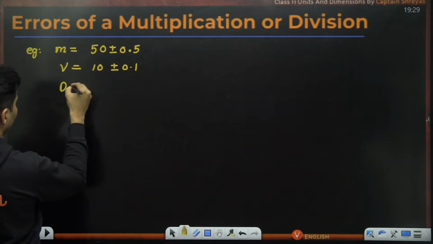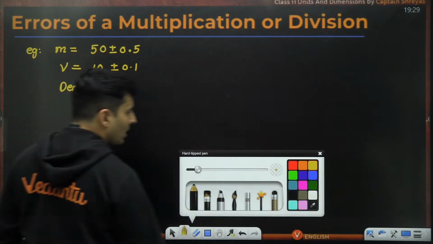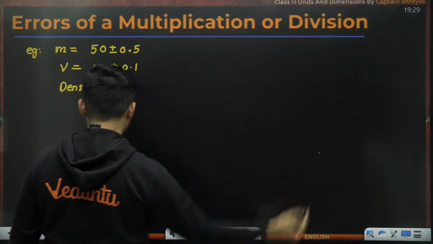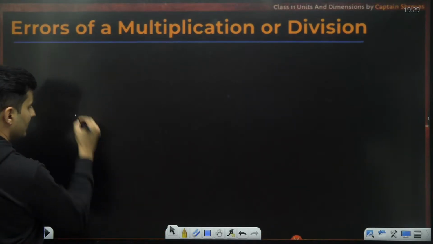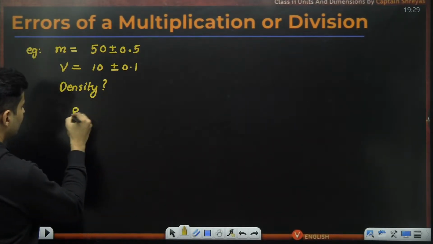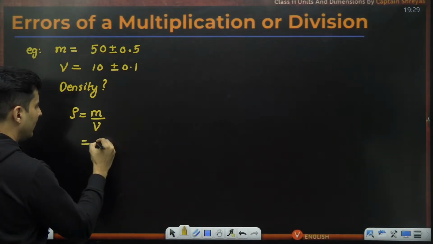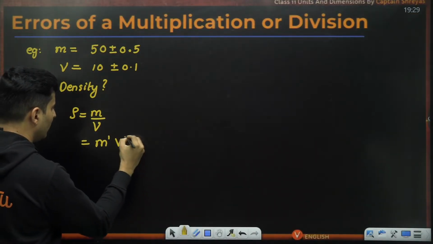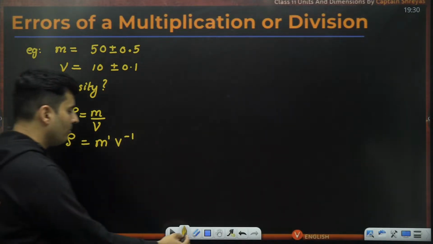Can you find the density? Obviously, this will definitely involve division now, as you can see, because density is mass by volume. But to write it in powers, it will be m raised to 1, volume raised to minus 1.